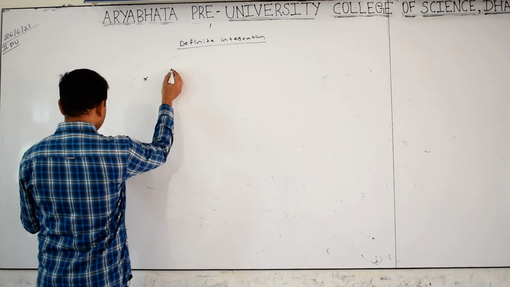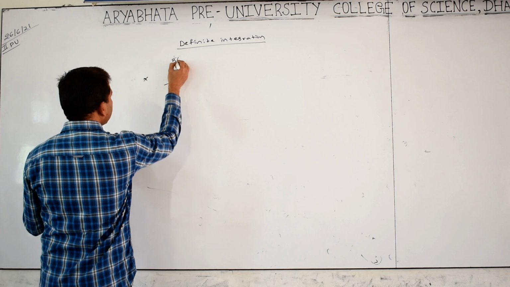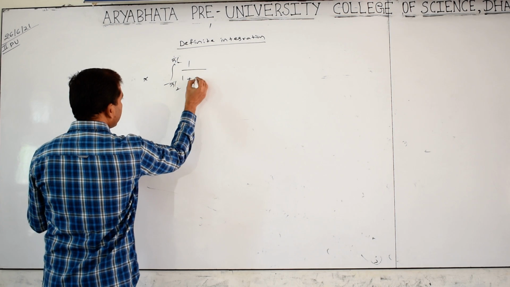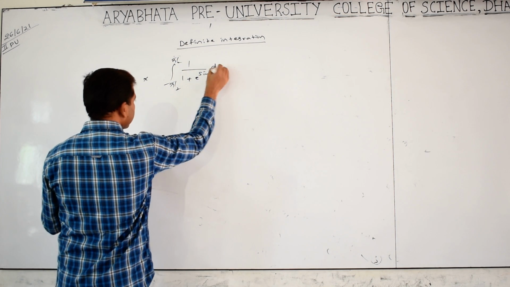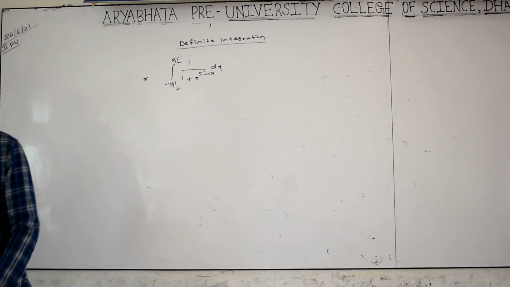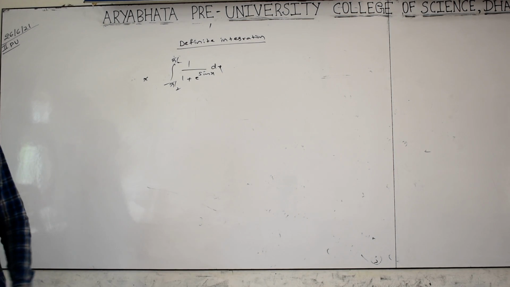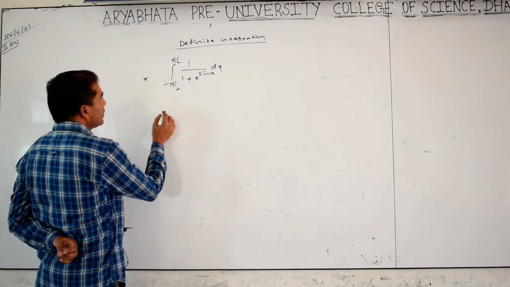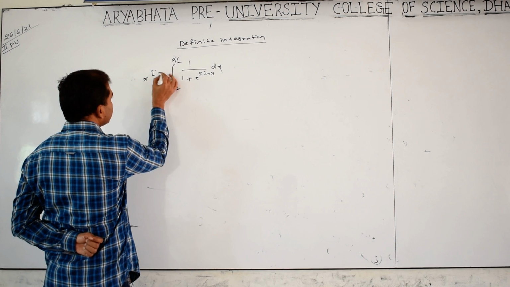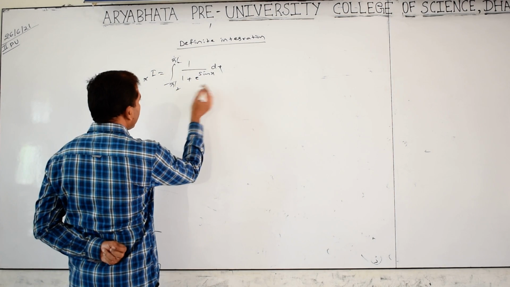Next question is the integration from minus pi by 2 to plus pi by 2 of 1 by 1 plus e power sin x dx. Let this be I. It is neither even nor odd.